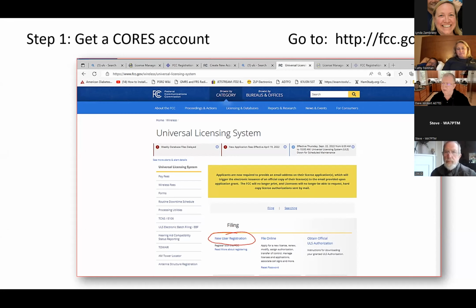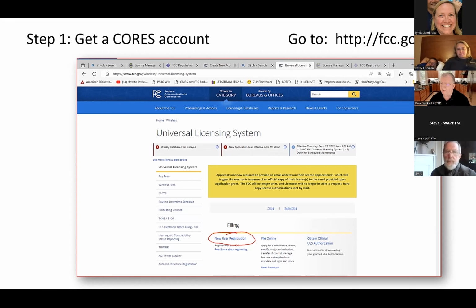It's a 10-digit number that you'll need to put on all your paperwork. In days gone past, the FCC would accept your social security number, but nowadays they are concerned about privacy. So you still need to provide your social security number, but you give it to the FCC, you don't give it to us when you take your exam.